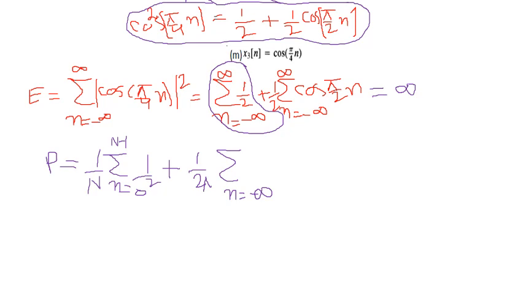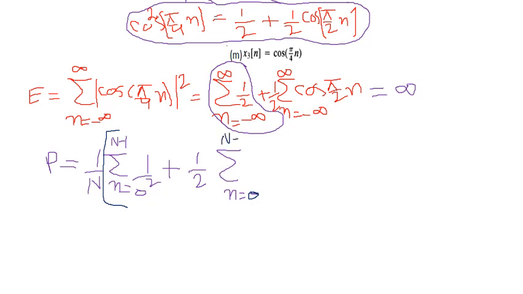I hope you understand. If you don't, the factor I have taken common here is 1 by 2, and n running from 0, because we are taking the average value, the power value. So for power calculation we sum it over one period.